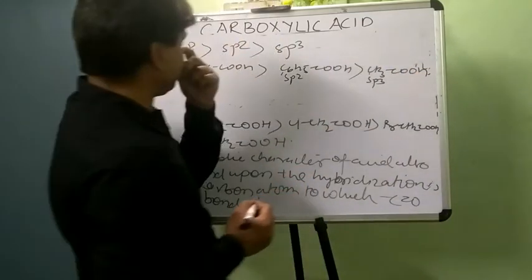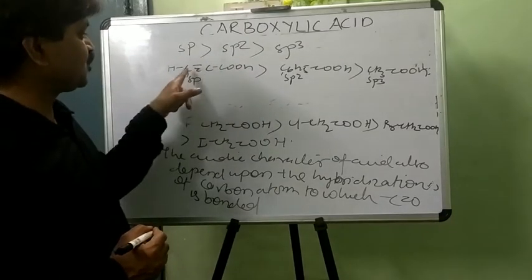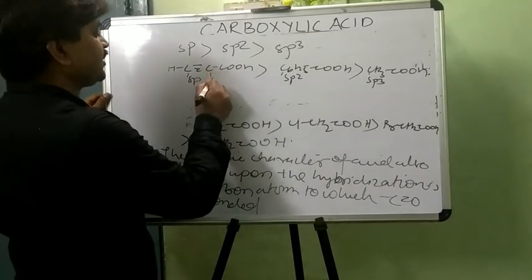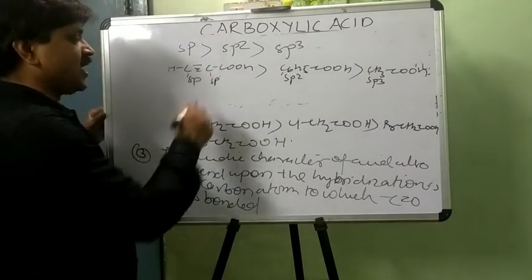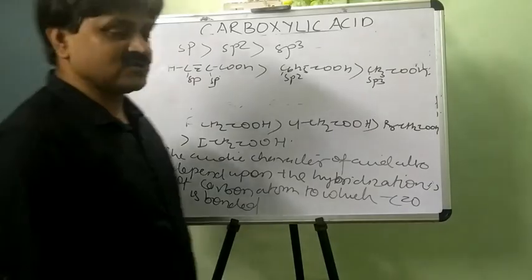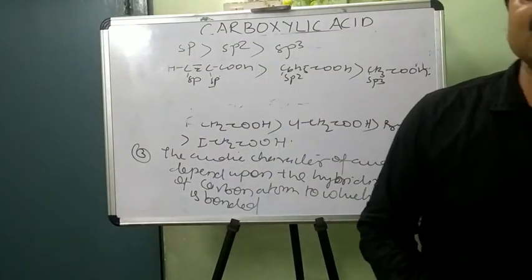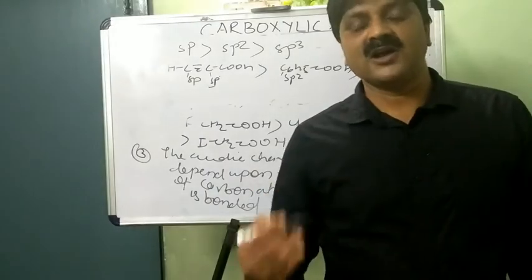So it also depends upon the s character, or hybridization, of the carbon to which the carbonyl group is bonded. The higher the s character, the higher the acidic strength of the carboxylic acid, and these are the different factors, or the effects of substituents, on the carboxylic acid.